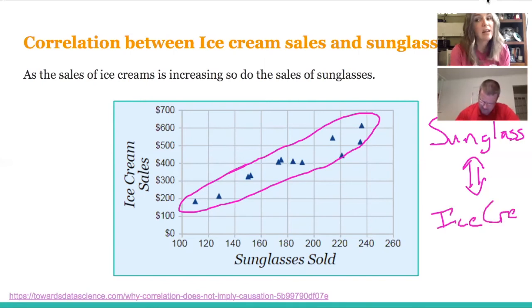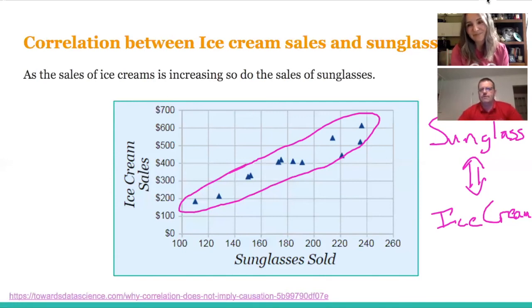Like, oh, I can't eat ice cream unless I'm wearing sunglasses, so I better go buy some sunglasses. So stop and think about it. Can I go to my refrigerator and get some ice cream and eat it without breaking out my sunglasses? Yeah, I could do that. And I could wear sunglasses without eating ice cream. Although you could also eat ice cream and wear sunglasses. But I don't have to do one to do the other.